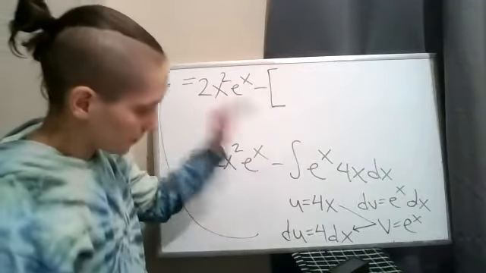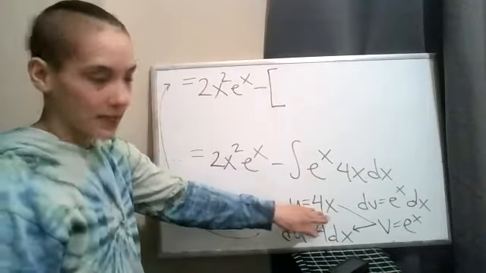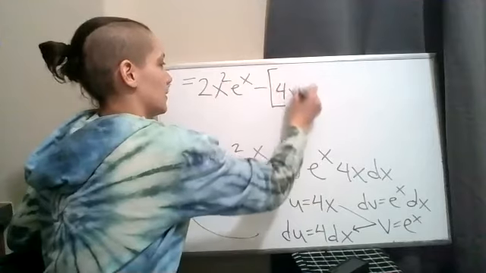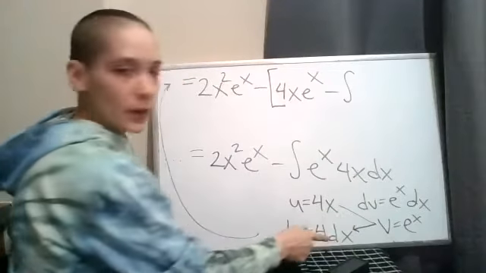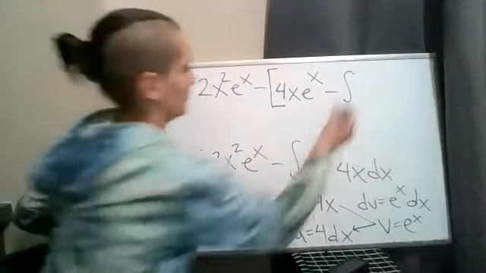2x squared e to the x is the first term. Subtract 4x times e to the x, minus this integral of 4 e to the x dx.